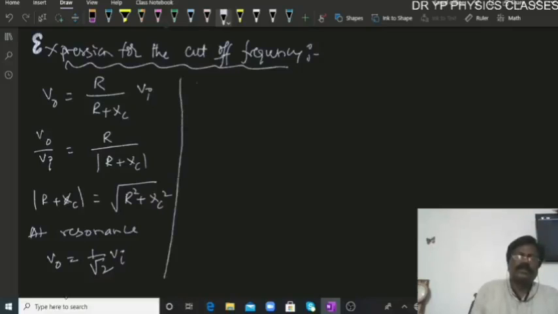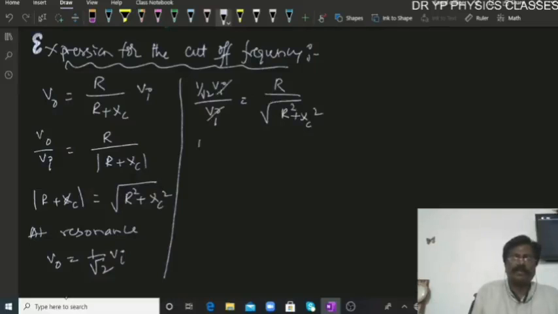Therefore 1 by root 2 times VI divided by VI is equal to R divided by root of R square plus XC square. And VI gets cancelled. We have 1 by root 2 equal to R divided by square root of R square plus XC square.